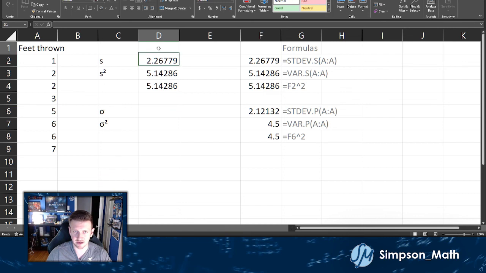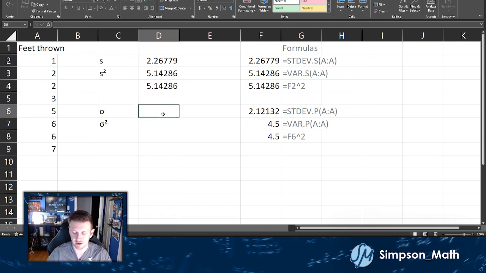You also, by the way, for the standard deviation, could say equal to this number and then square root it. So you could do to the 1/2 power. That's one option. Or you could say equal to SQRT, that's shorthand for square root, of the variance, if you found that. So notice, again, they're the square and square roots of each other.